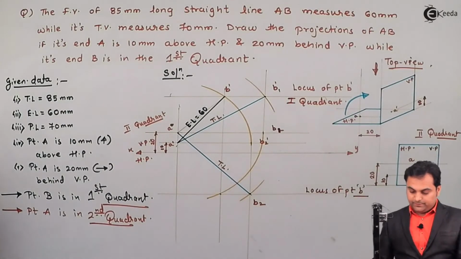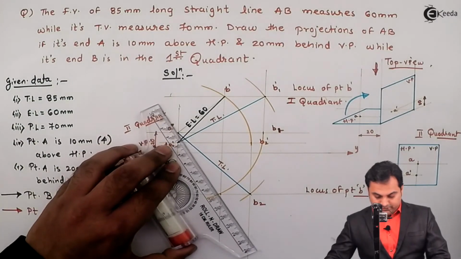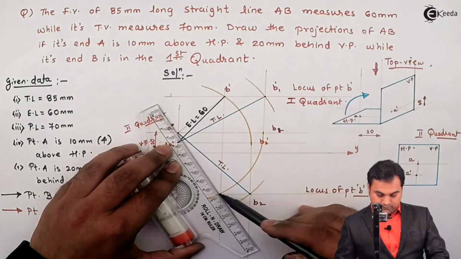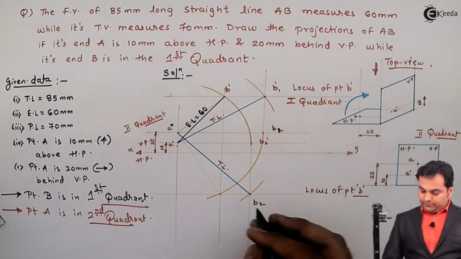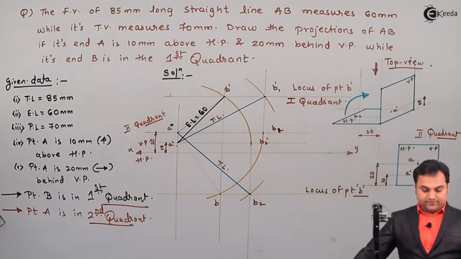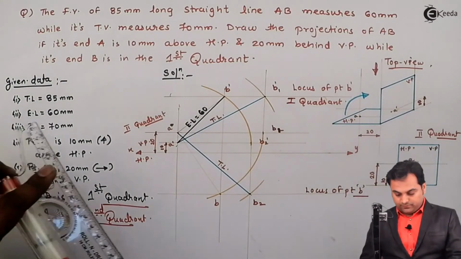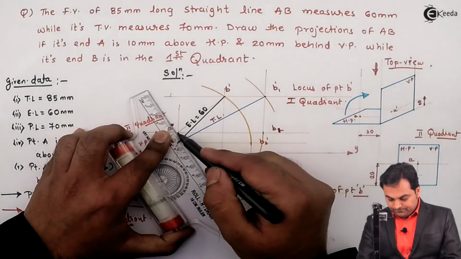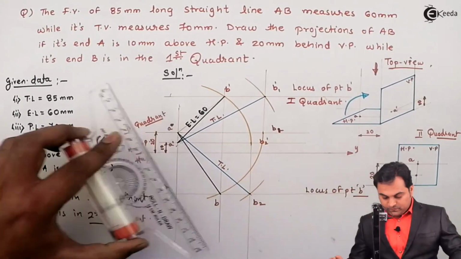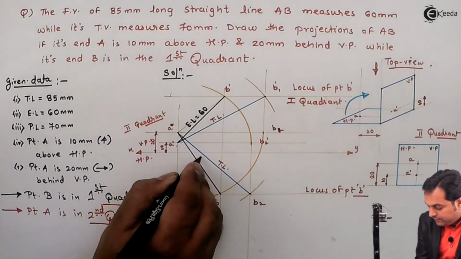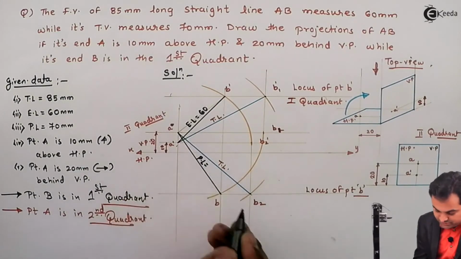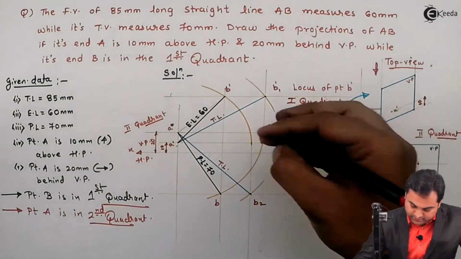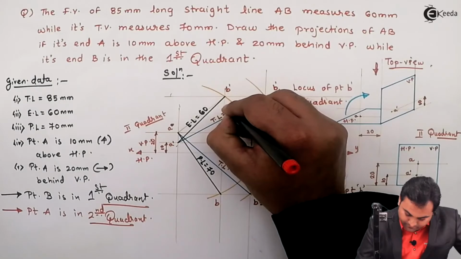I'm getting this point. So joining it with point A, light. This gives me the point B, and here I'm getting the intersection, which is from A to B. This is giving me the PL, which is 70 mm. The TL is 85.